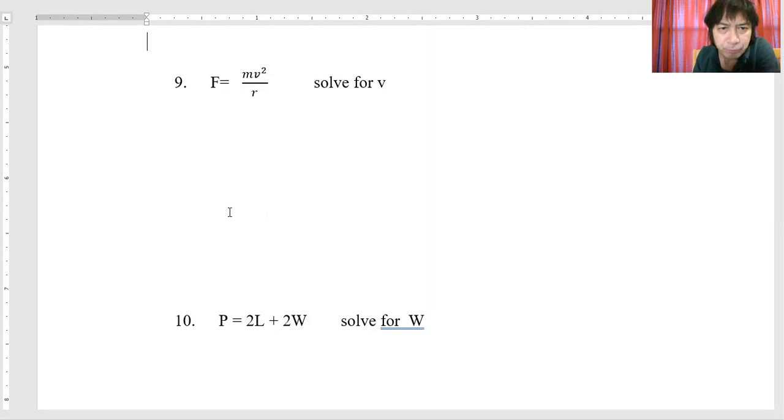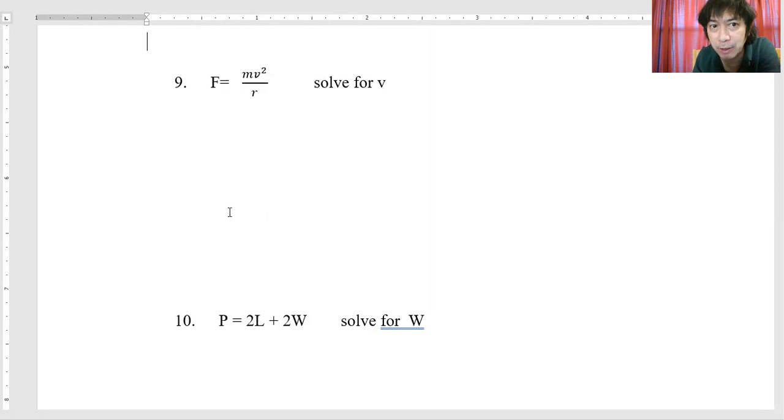All right, so you're asked to solve for v, and you have a v squared there. So this will involve square root again. The moment you have v squared equal to something, you still have to apply square root. First thing you will do is remove the fraction by canceling the r.